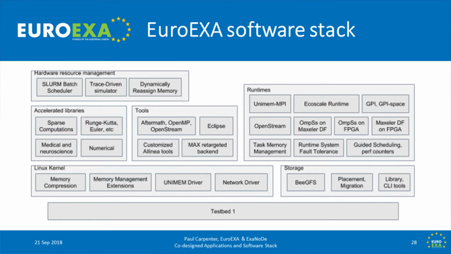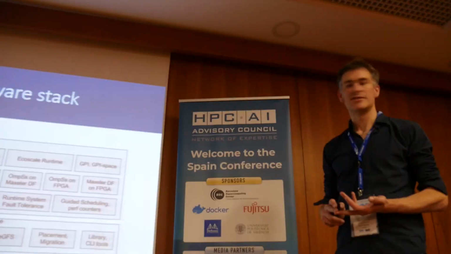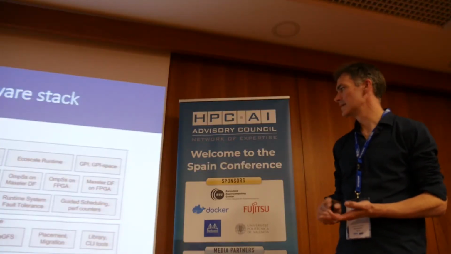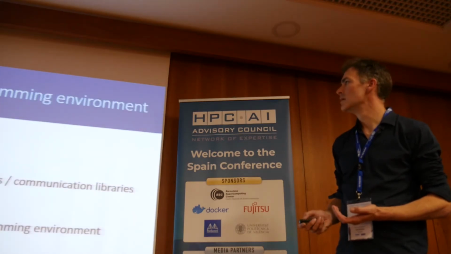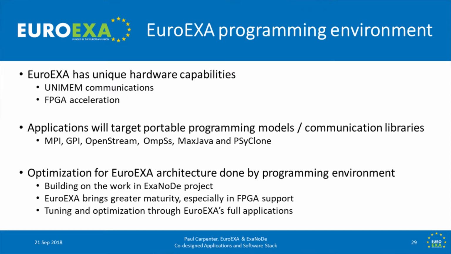We have continuing the work with OpenCL, offloading to FPGA from ExaNeSt. We have PGAS from Fraunhofer, so this is GPI, Manchester's OpenStream. We have BSC's OmpSs on FPGA and distributed memory, Maxilla, and so on. So the thing is, I don't have enough time to go through all of it.